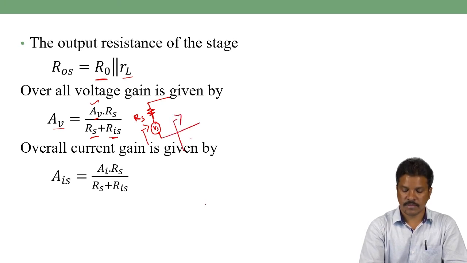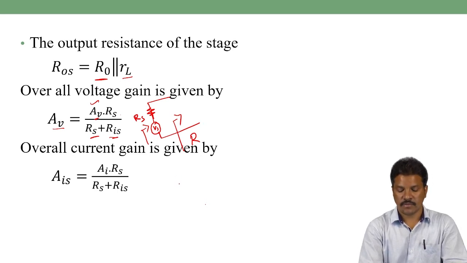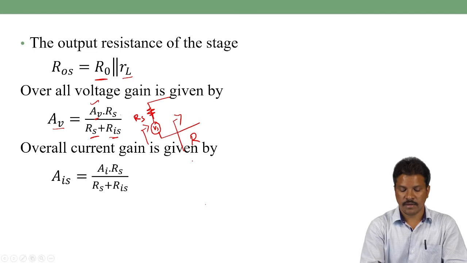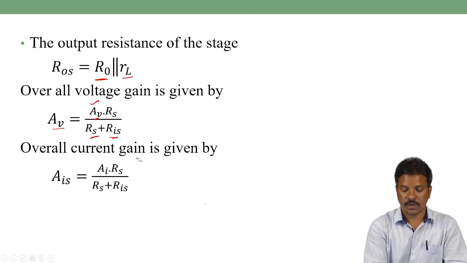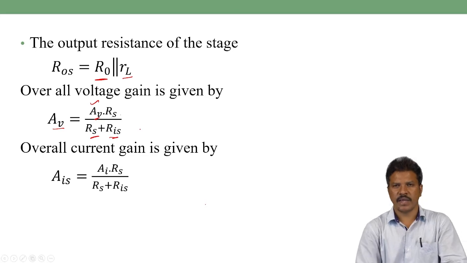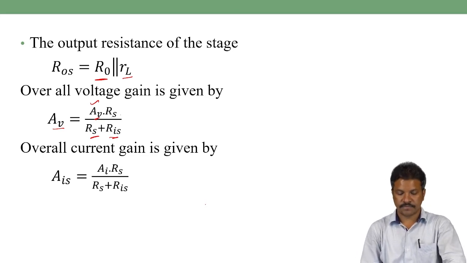Here it is measured as input resistance. So total voltage gain AV is equal to AV into Rs divided by Rs plus RIS.